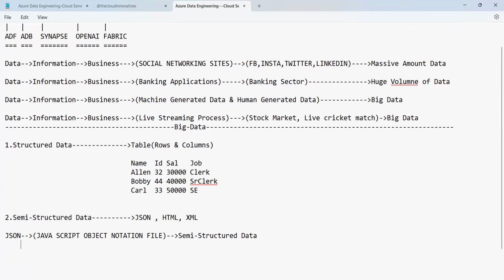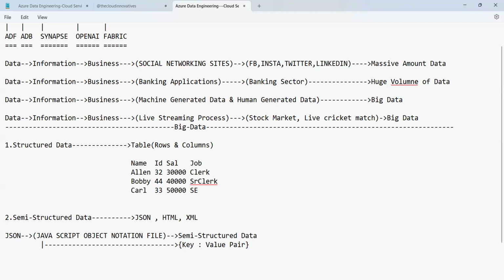And when you talk about semi-structured data, this is recorded in the form of, I'm writing it here, key value pair. It is recorded in the form of a key value pair.